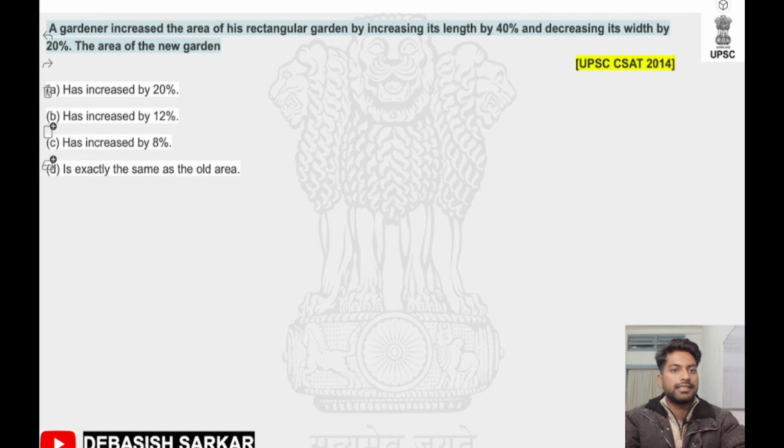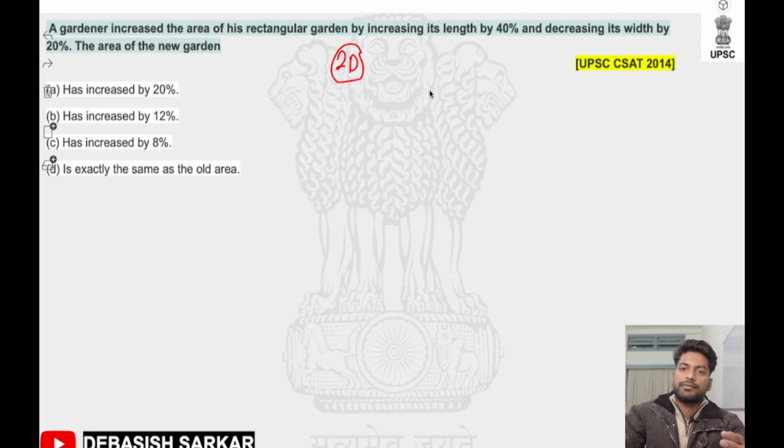A gardener increased the area of his rectangular garden by increasing the length by 40% and decreasing the width by 20%. This is a question of a 2D picture. And remember, whenever you see this type of question, just apply the successive formula.